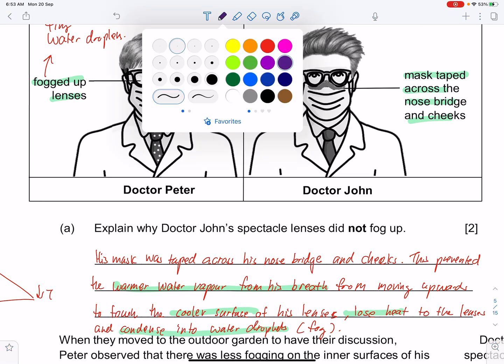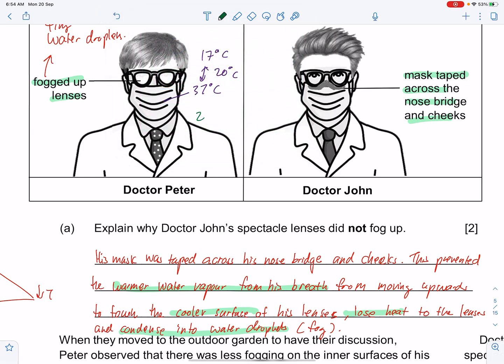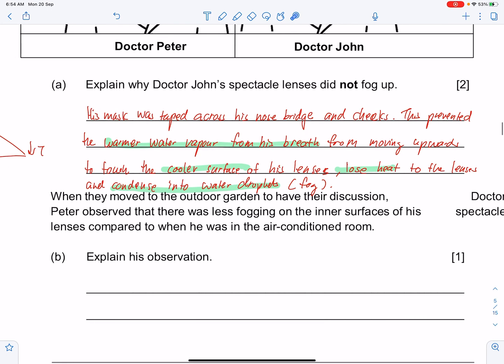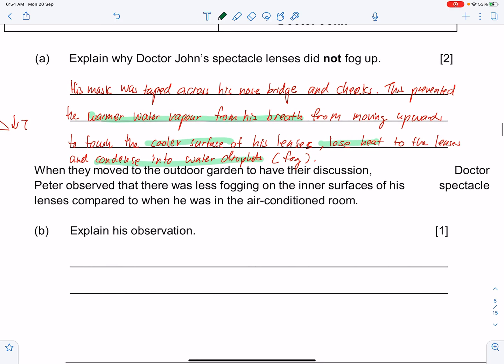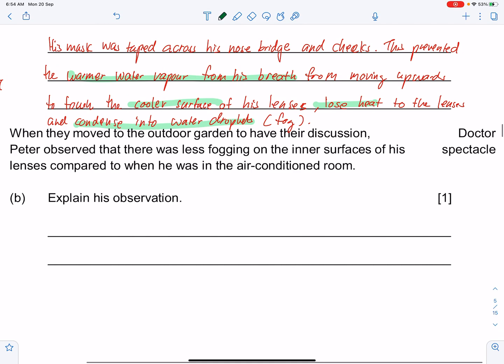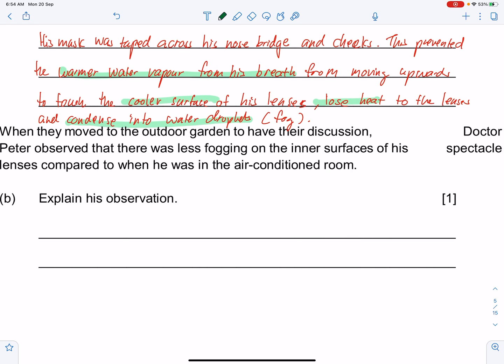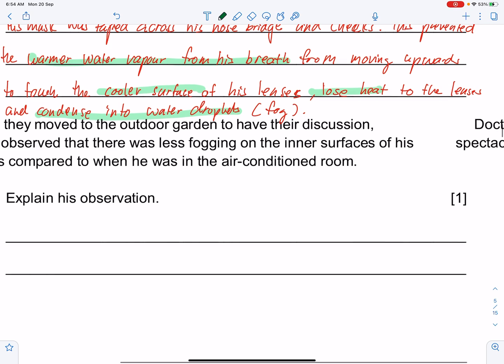But when you move out to the garden, maybe say the garden is about 25 degrees Celsius, the difference is only 12 degrees Celsius. So can you see that the difference is smaller? So because there's a smaller temperature difference, the rate of heat transfer will also be slower. Therefore, there will be less condensation or slower rate of condensation. All right, resulting in less fogging. Okay, so let me just pen this down for you, the answer.